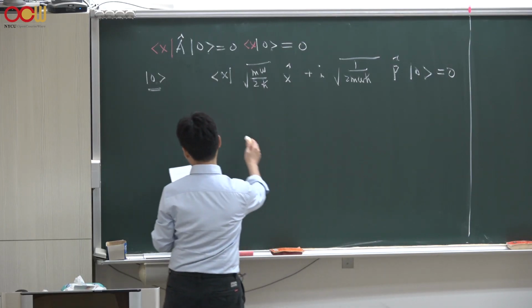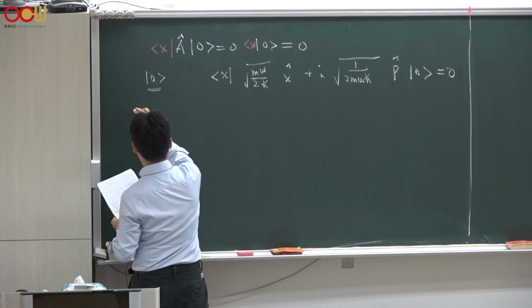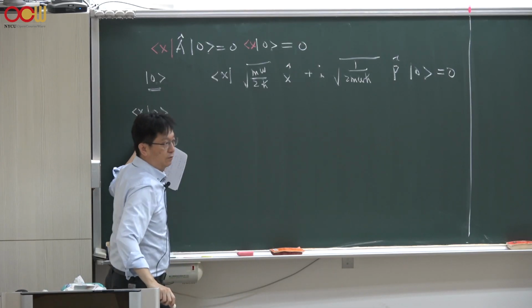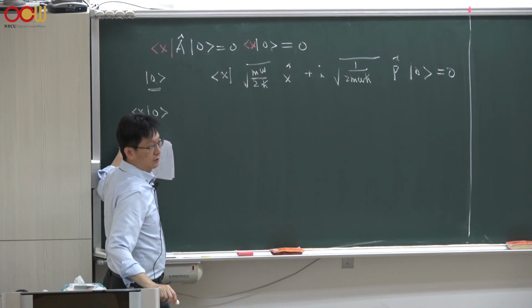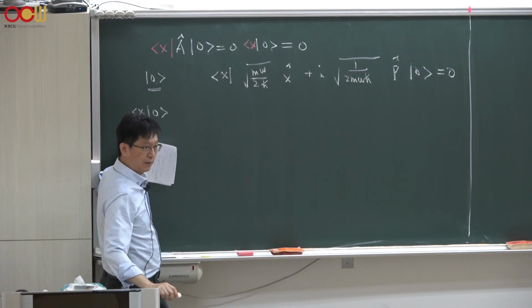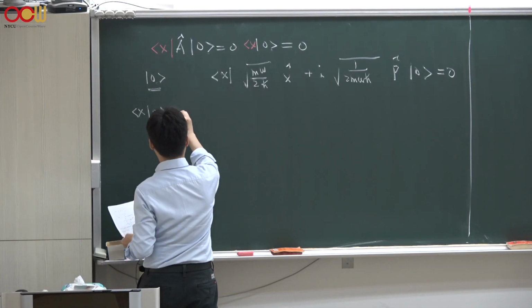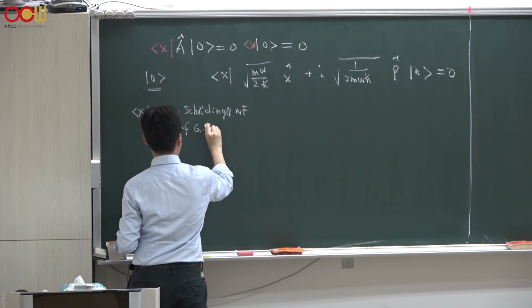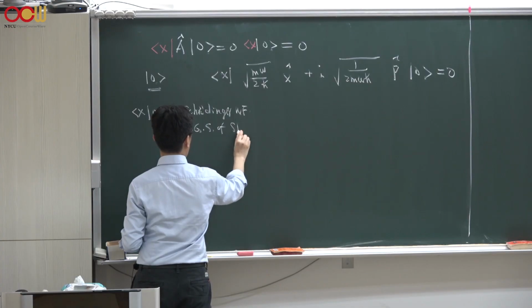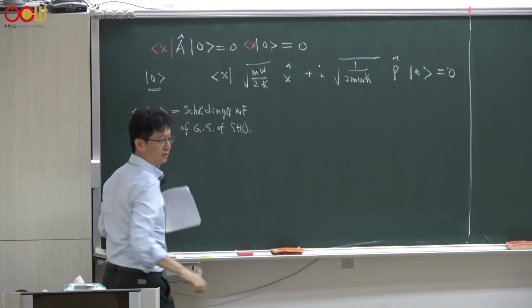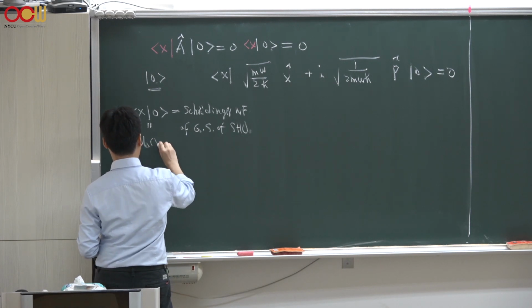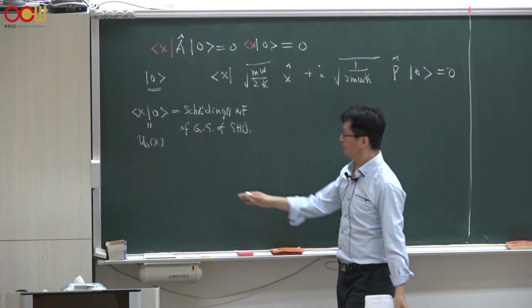So the thing that we really want to know is the projection of this ground state of a harmonic oscillator onto the position eigenbasis. By definition, this is the Schrödinger wave function of the ground state of the harmonic oscillator, right? Which we call u0 of x. Okay, so this is the magic.